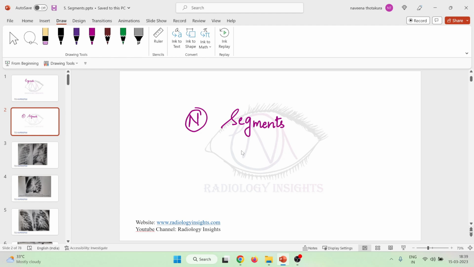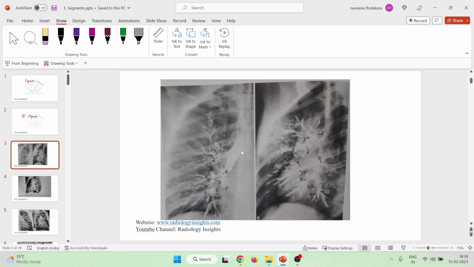These are just examples of images which will help us understand how the segments are divided. We have nearly 10 segments in each lung. We have the right lung and the left lung, and each is divided into around 10 segments, and each segment has its own bronchi.